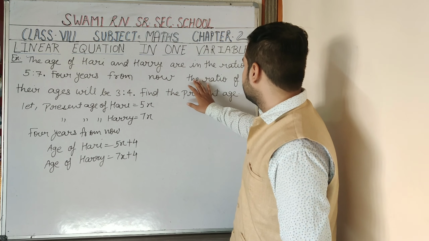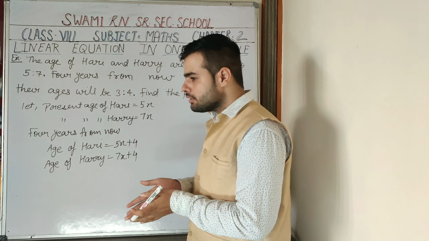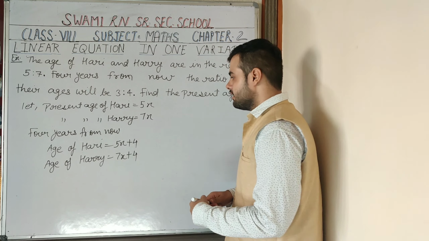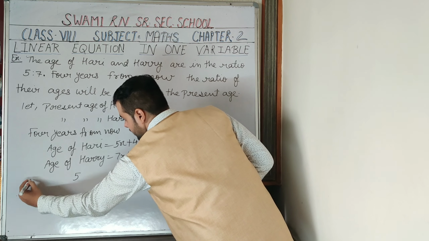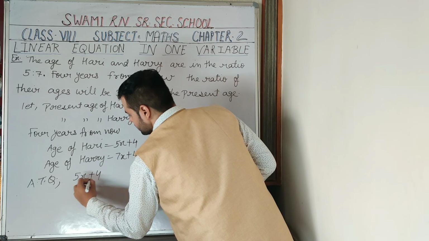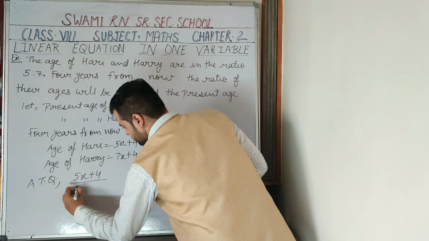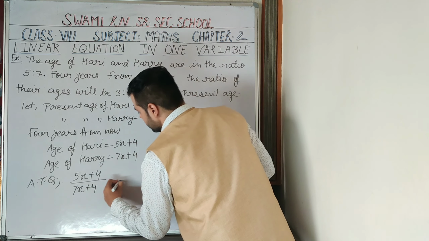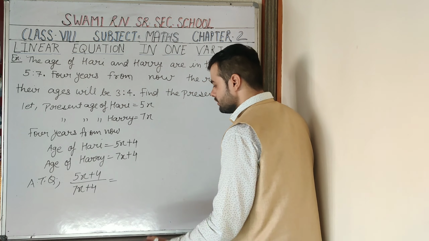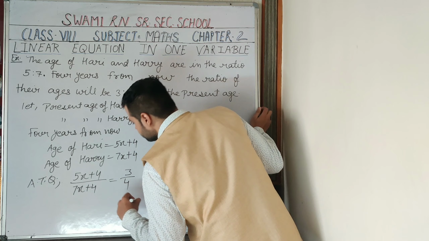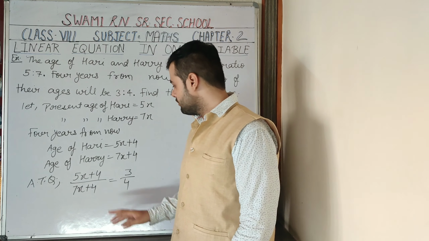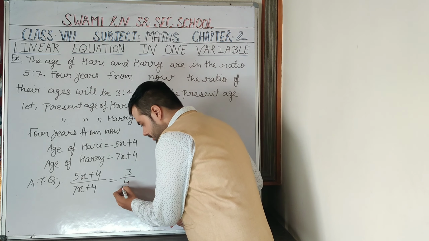Now the ratio of their ages, and as we know very well, the ratio is always written in the form of division. So according to the question, (5x plus 4) upon (7x plus 4) is equal to the ratio of their ages, 3 upon 4, that is 3:4. That is the equation, and now we will solve it by the cross multiplication method.